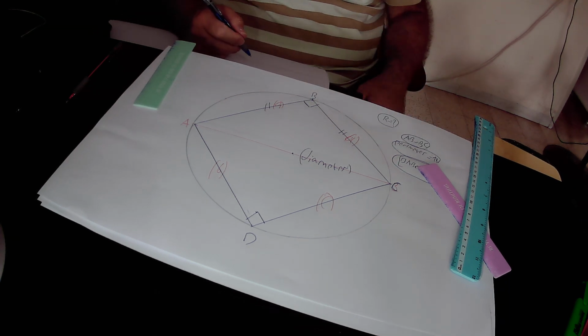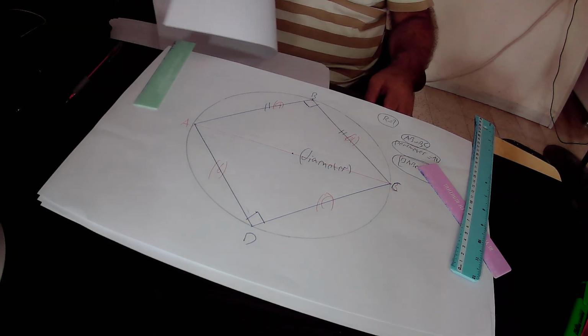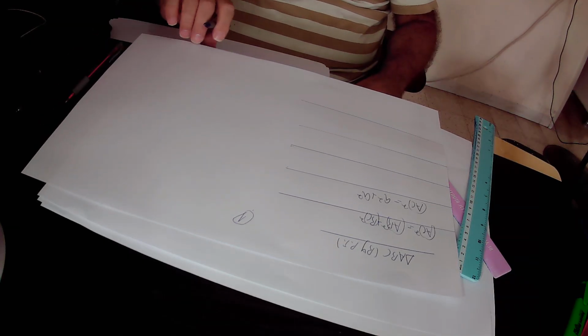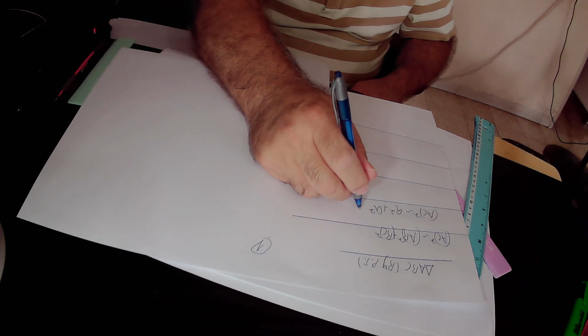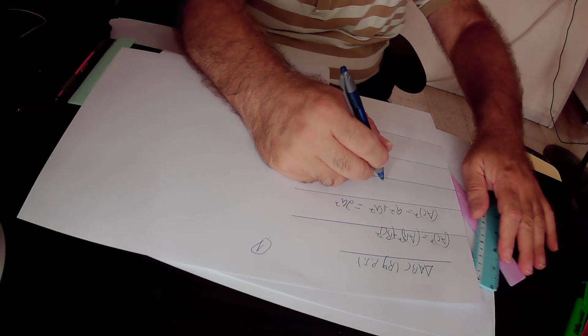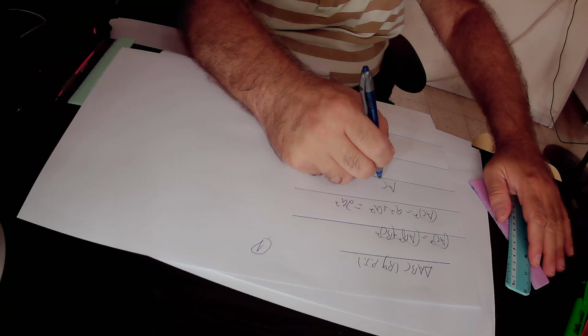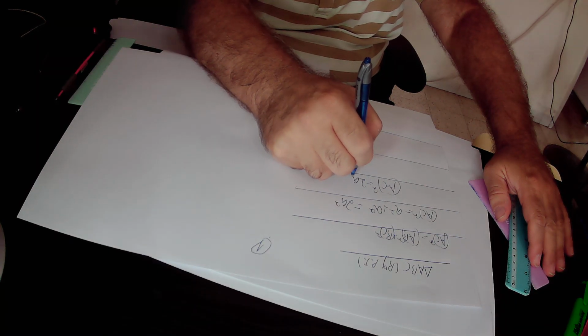BC is also a, so BC squared is a squared. So in total, we find that AC squared equals a squared plus a squared, that is 2a squared. AC squared equals 2a squared. This is equation 1.